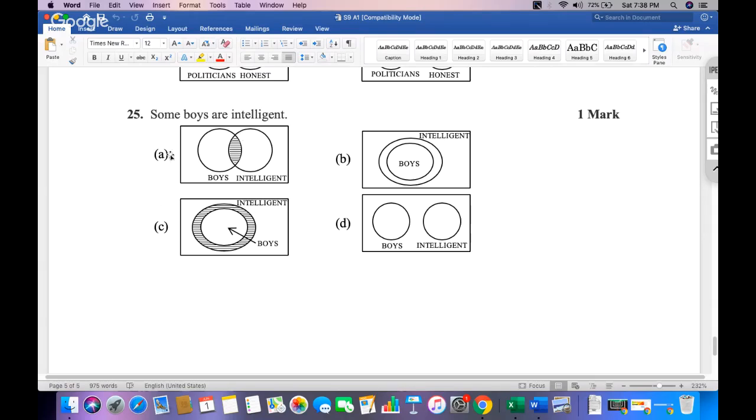This is the answer. Option A. Some boys are intelligent, Venn diagram. Two circles should have overlap over here. So option A is your answer.